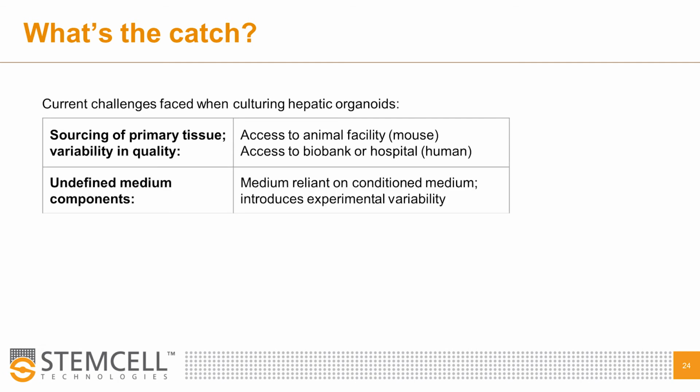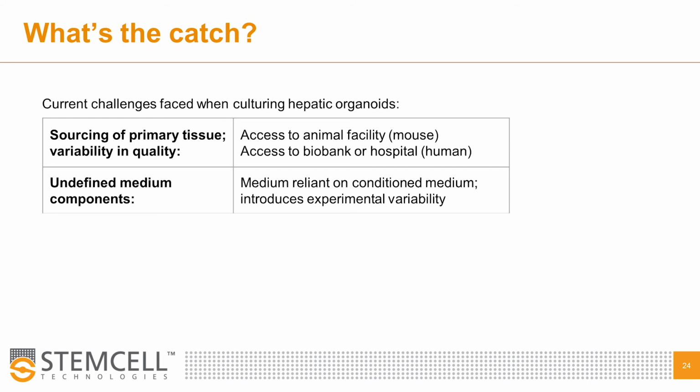Next, all organoid expansion media are reliant on high levels of growth factors, which are costly if purchased as recombinant proteins. So many of the organoid medium recipes rely on the use of transformed cell lines that secrete growth factors into the medium to make what's called conditioned medium.